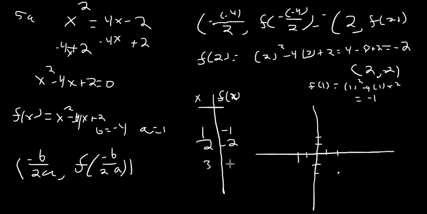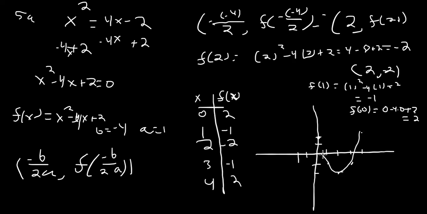Because it's symmetric, this is also going to be negative 1, so let's fill out another point on our parabola. Now let's do 0. F of 0 is equal to 0 minus 4 times 0 plus 2, which is just going to be 2. So we know this is 2 and this is 2. So we have a point here and a point here.